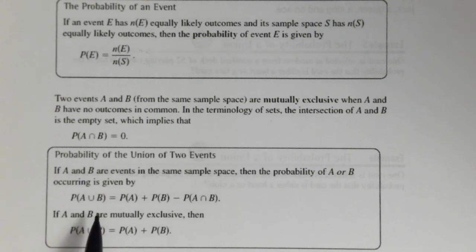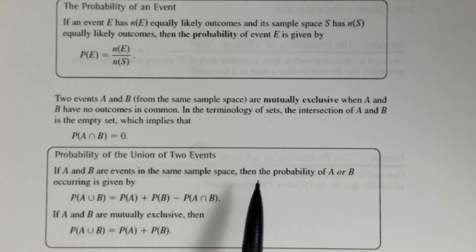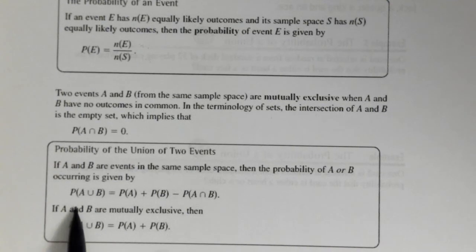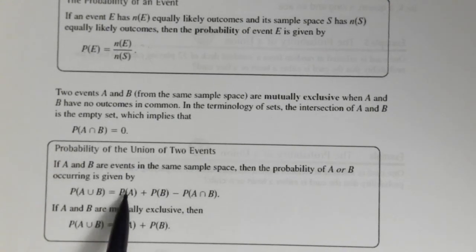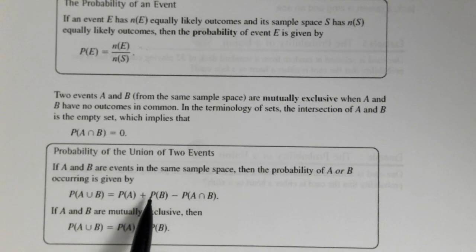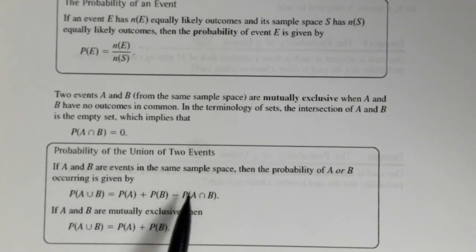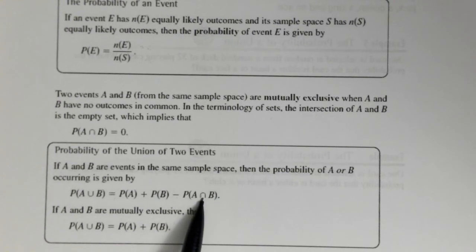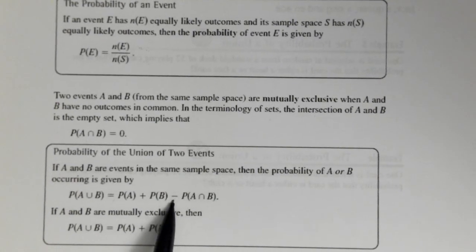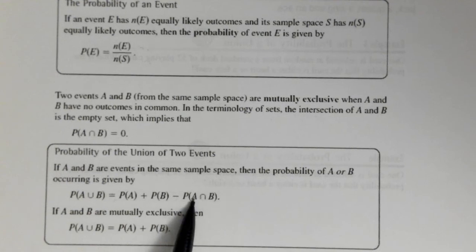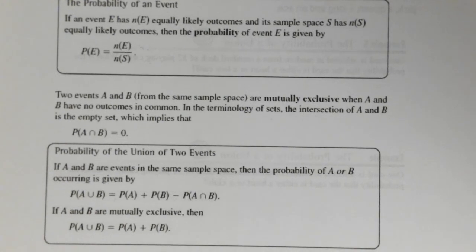But let's go ahead and look at how they are found. If A and B are events in the same sample space, then the probability of A or B occurring is given by this. It would be the probability of A occurring plus the probability of B occurring minus the probability of A intersecting with B. In other words, minus the probability of however many outcomes the two sample spaces have in common, right?